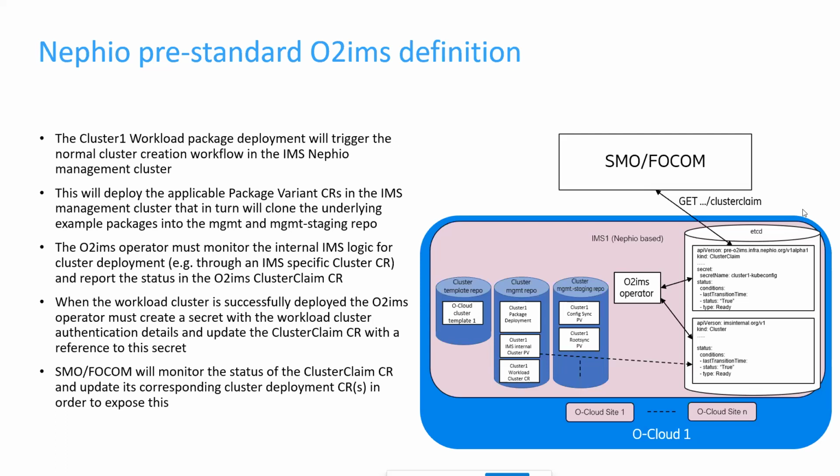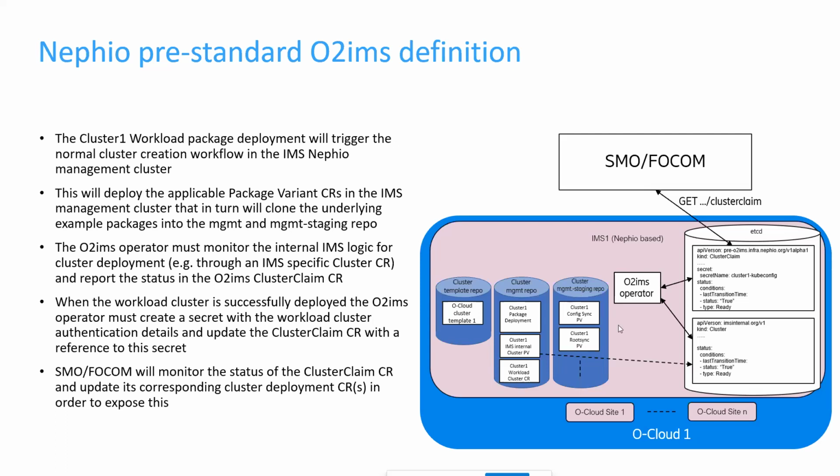A quick question on this cluster management repo and management staging repos. Are these kind of upstream repos for the cluster you're creating? I mean, in the arrows, so first question, you have the cluster claim.